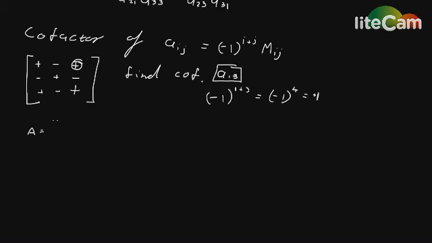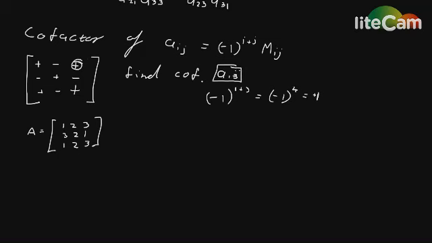So I'm going to say that matrix A equals 1, 2, 3, 3, 2, 1, 1, 2, 3. Okay, so remember how we find the minor?